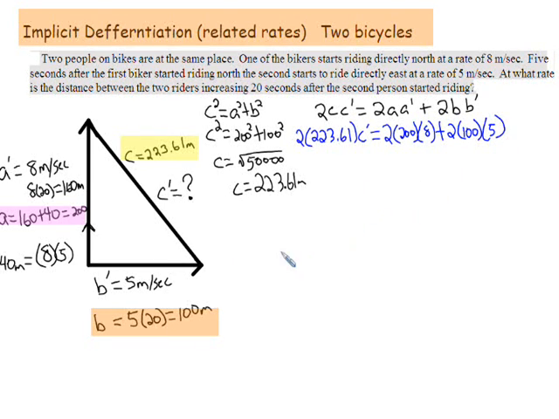Okay? Then I multiply. This is going to become 447.21 C prime. This is going to become 3,200. And this is going to become 1,000. So that's going to be 4,200.